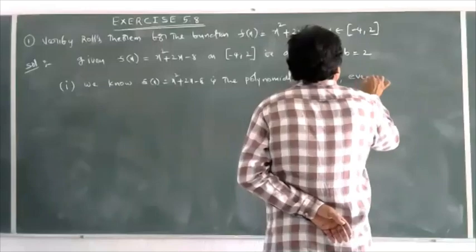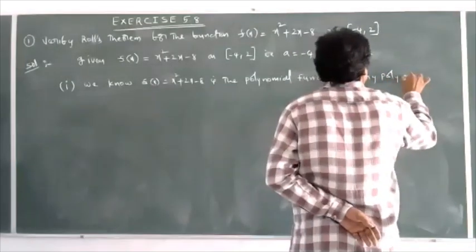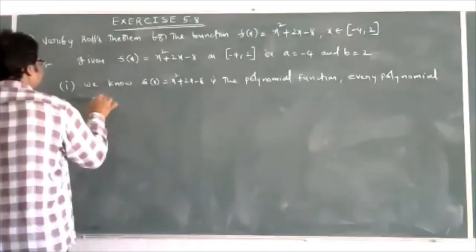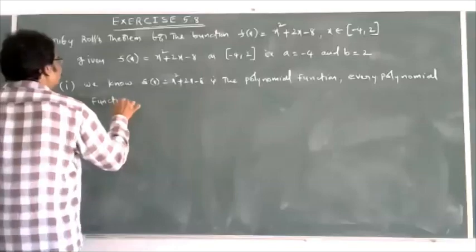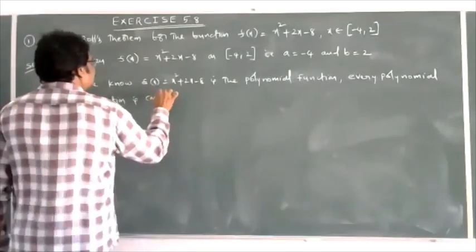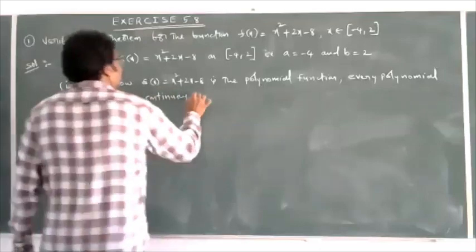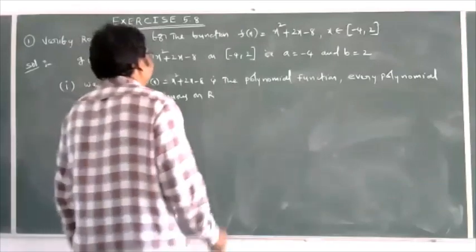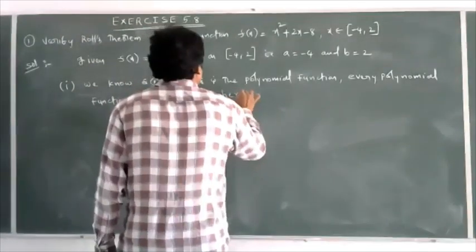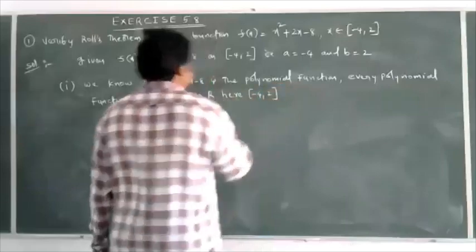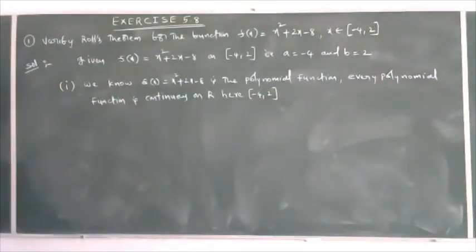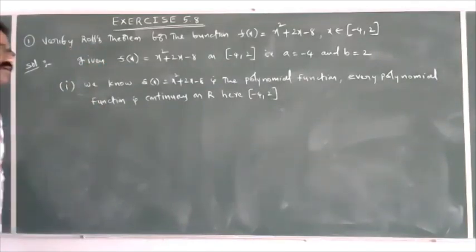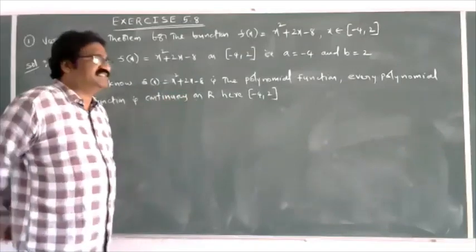Every polynomial function is continuous on R. Here the given interval is closed minus 4 comma 2. So on minus 4 comma 2, the given function is continuous.